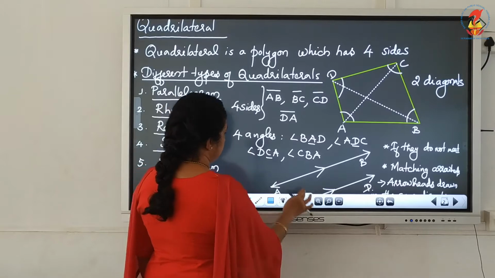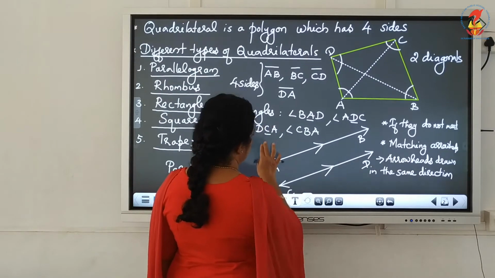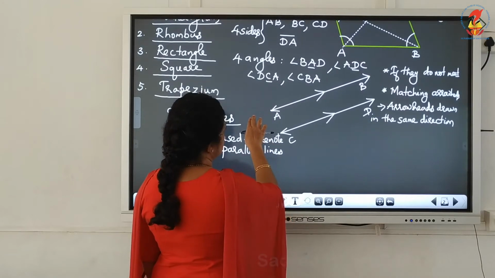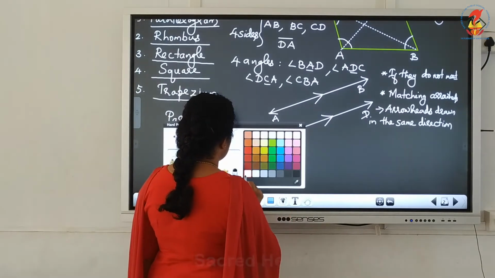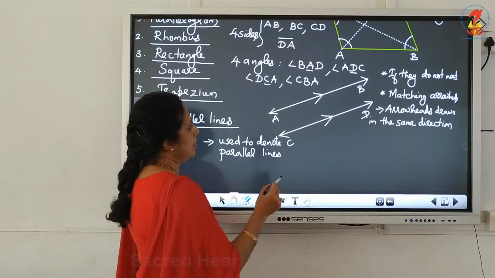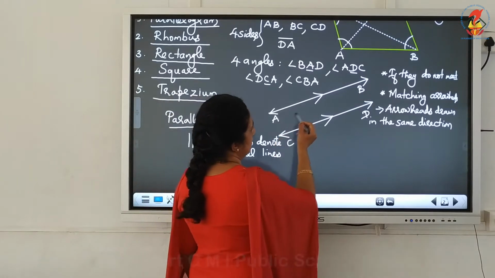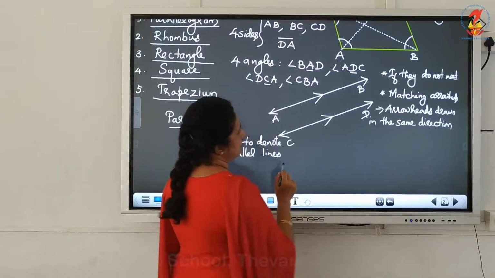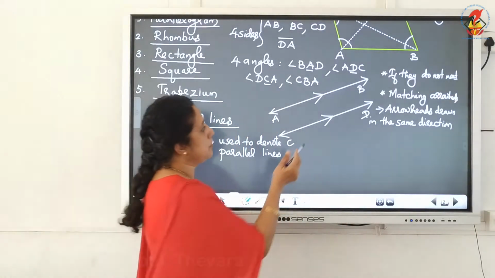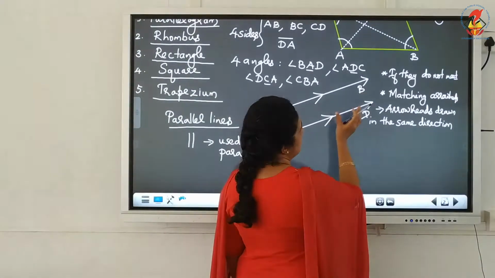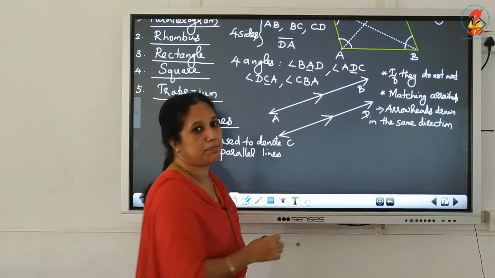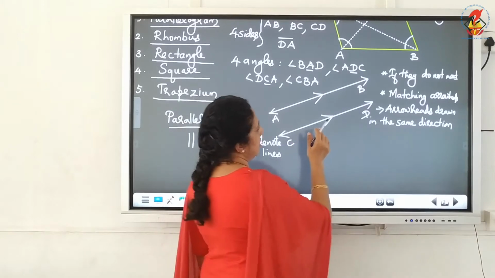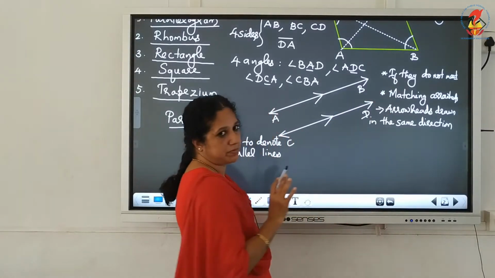Before going to learn about the different types of quadrilaterals, now look at these 2 lines. Look at the lines drawn here, line AB and line CD. When we produce these lines, we can see that they do not meet anywhere.